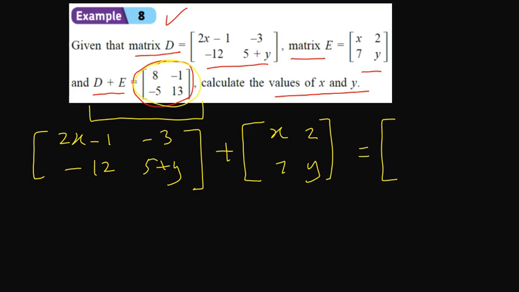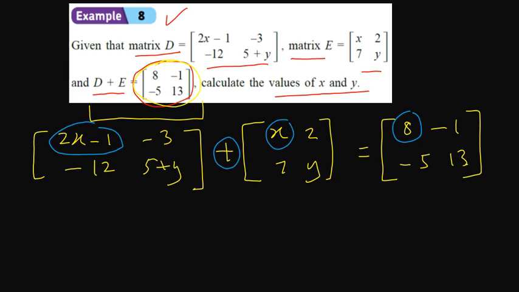Okay, this is the most important part. You must write this equation, but everything is in matrix. Now you know that 2x minus 1 plus x will become 8. So of course you can find your x.